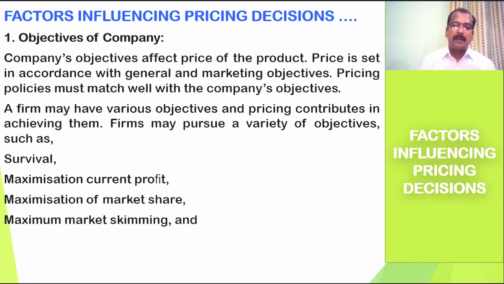The fourth one, maximum market skimming. What is this market skimming? Many companies favor setting higher prices to skim the market. This objective makes sense under a few conditions: one, when a sufficient number of buyers have a high current demand; two, when the unit cost of producing a small volume of the product is not so high that it cancels the advantage of charging what the traffic will bear; and three, when the high initial price does not attract more competitors to the market.